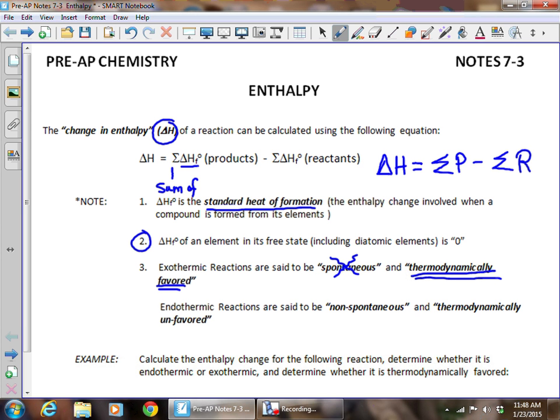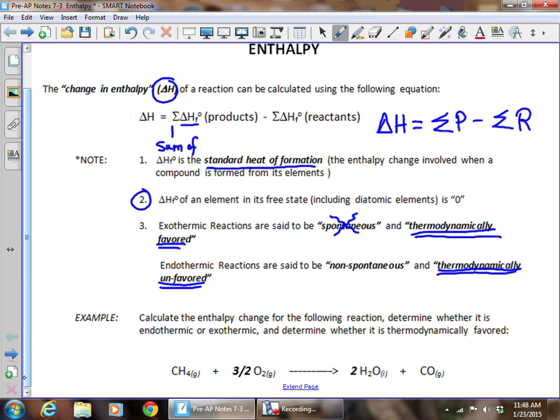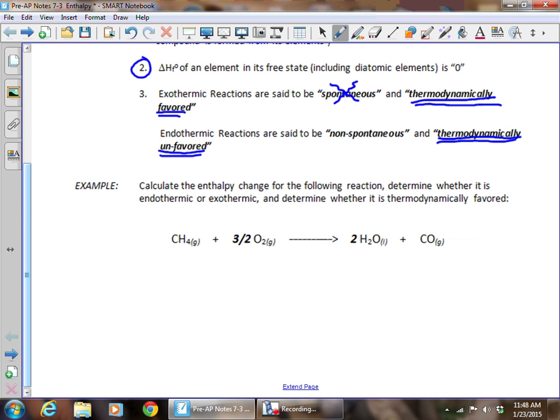Endothermic reactions are said to be thermodynamically unfavored. We have to put energy into those systems to get them to react. So that's something that you need to remember. So on this first problem, it says to calculate the enthalpy change for the following reaction and determine whether it's endothermic or exothermic, and determine whether it's thermodynamically favored.